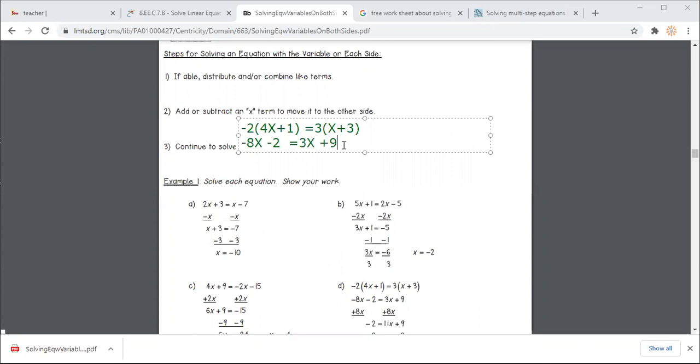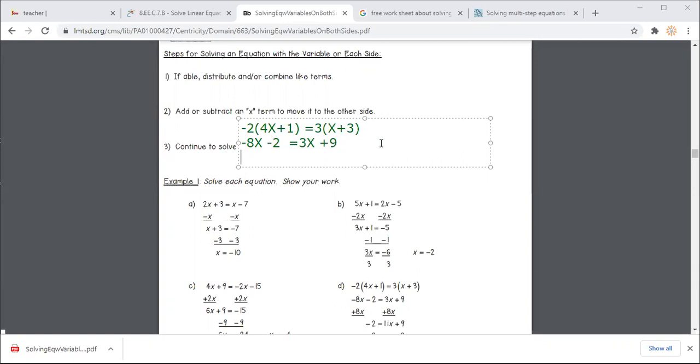Which one is smaller? Negative 8x or 3x? Negative 8 or 3? Negative 8, right? Then we are going to add the additive inverse for both.